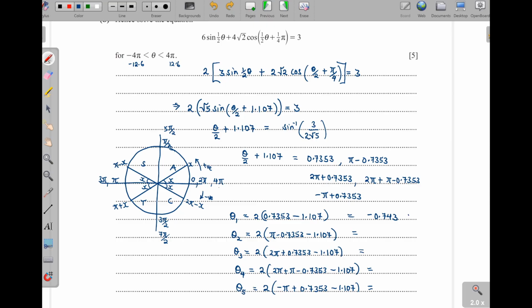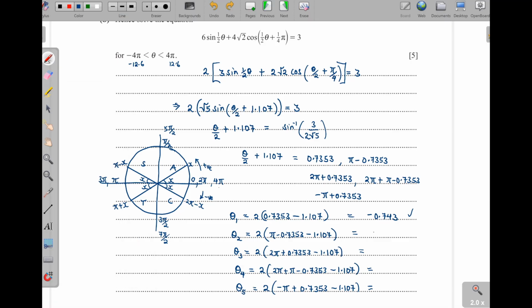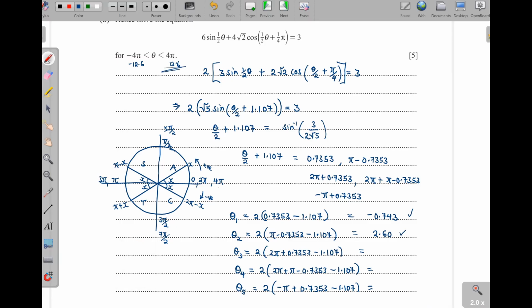Then how about this other one here? So we have a pi in here minus the 0.73 whatever. So this one is giving us 2.598 whatever, 2.60. This one is still in the range. Remember, this has to be the maximum. Then we come to this one here.